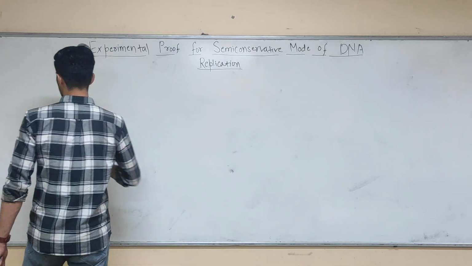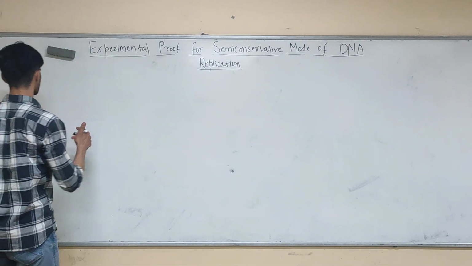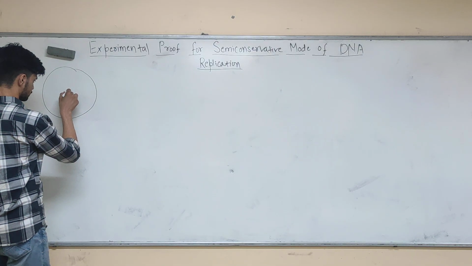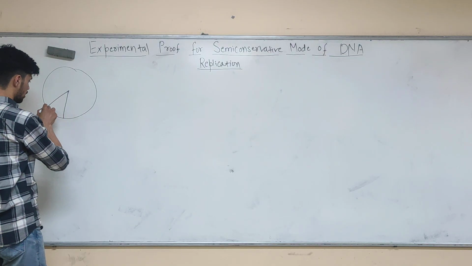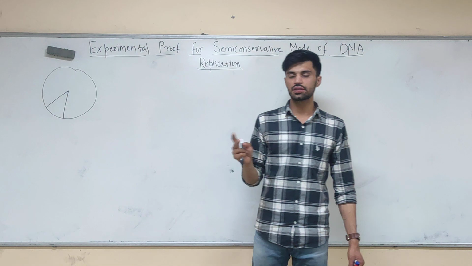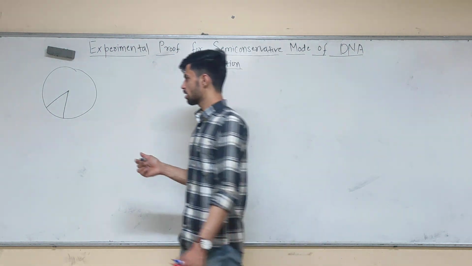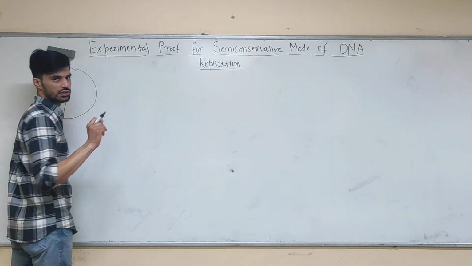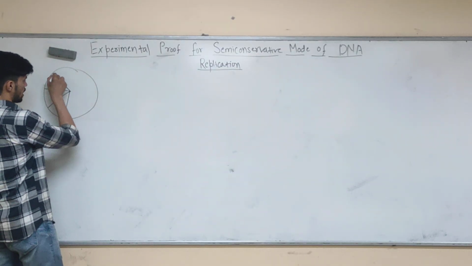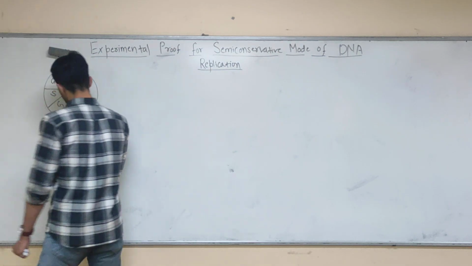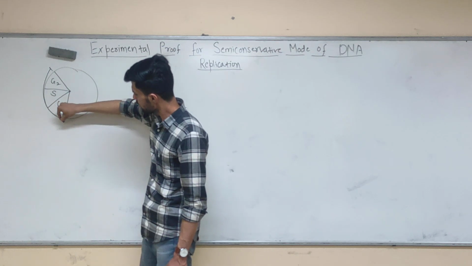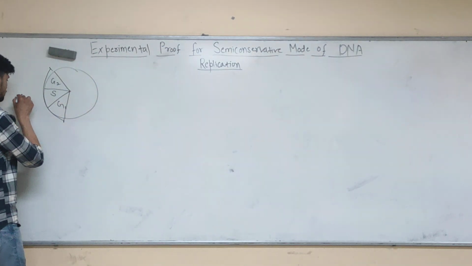First of all, if I talk about the cell cycle, then we know that in the cell cycle there are two phases. The first one is the interphase, and the second one is the division phase. The interphase is divided into three subphases: G1, second one S, and third one G2. These three subphases come into a phase known as interphase.